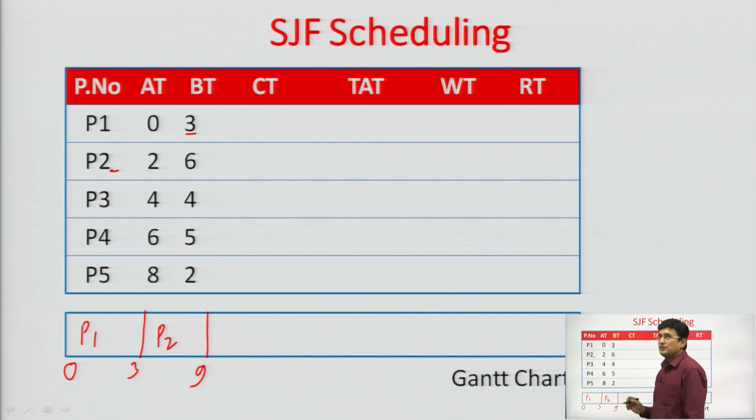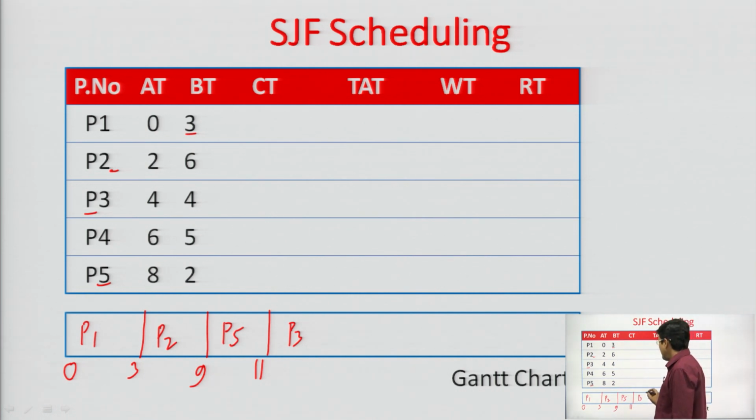We should select the process which has the shortest burst time, and that process is P5. So, let us schedule this P5 process on the CPU. It has a burst time of 2, so it runs up to 11 in the CPU, and then we hand over the CPU to the P3 process, which is the shortest among P3 and P4.